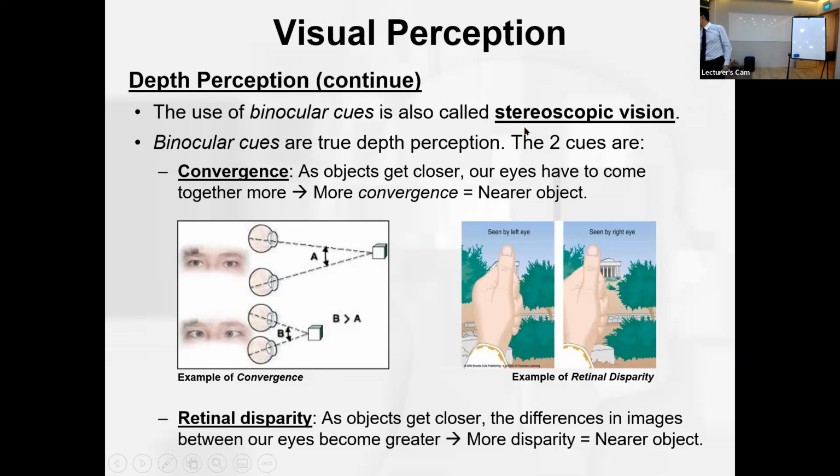But this binocular cue, the technical term is stereoscopic vision. This is the true ability to see three-dimensional space. How? So don't lose any one of your eyes. If you lose both eyes, you're blind. If you lose one eye, you have to fall back on monocular vision. So don't believe too much about Pirates of the Caribbean movies.